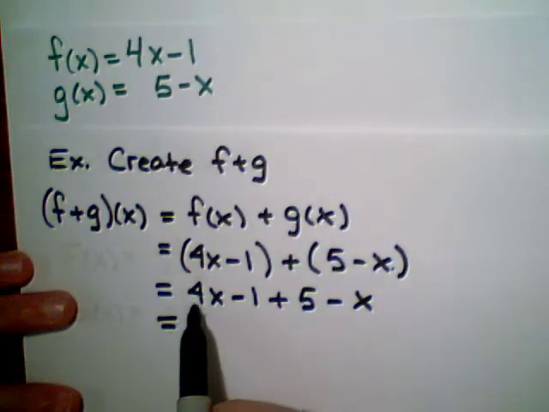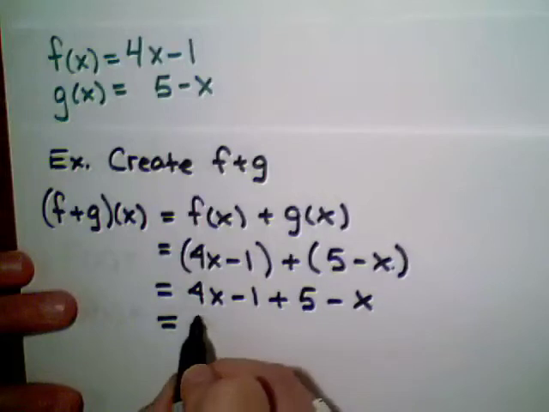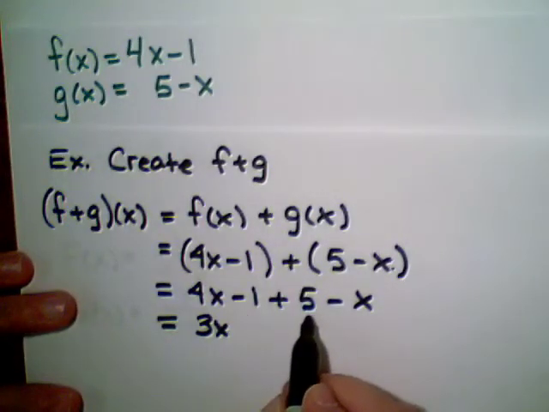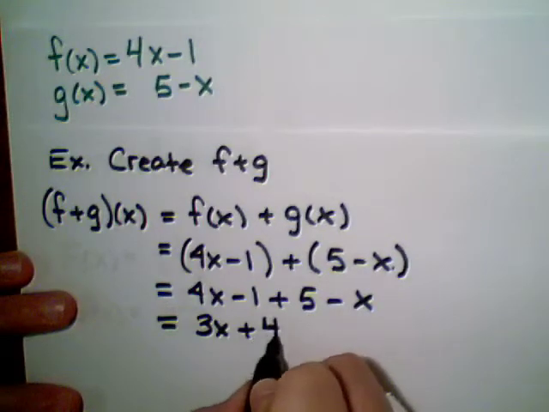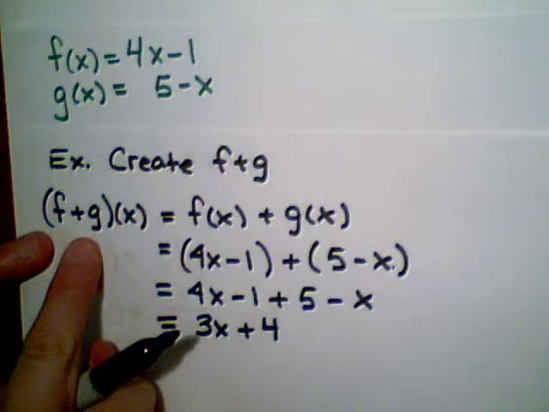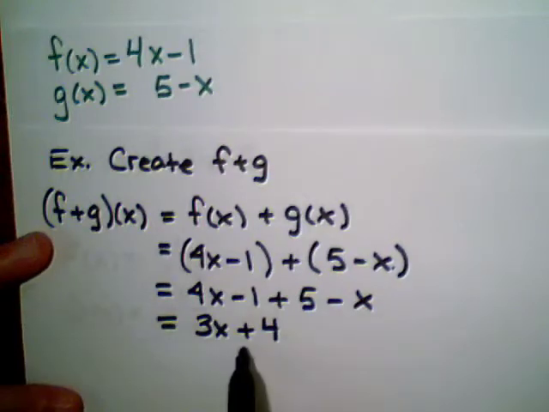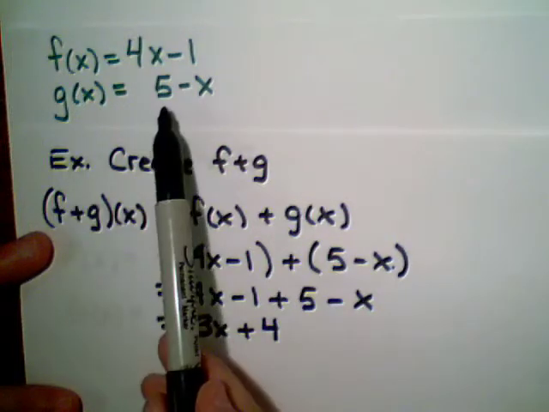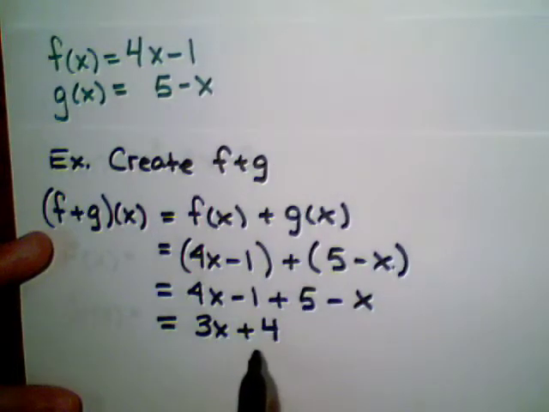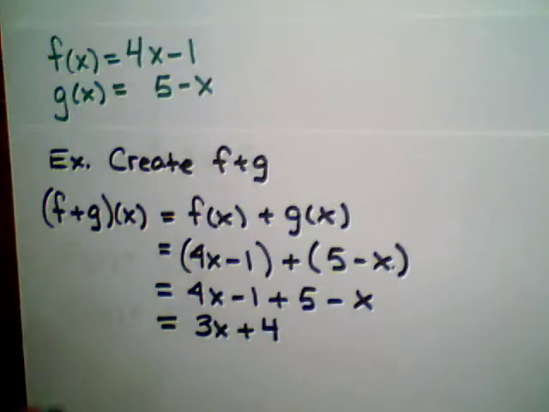The linear terms, 4x minus x for a total of 3x, and the constant terms, negative 1 plus 5. And so our new function happens to be linear as well. Its name is f plus g, and its output is 3 times x plus 4. The domain of the original two functions were all reals. And since this is a linear function here as well, the domain of our new function is all real numbers.